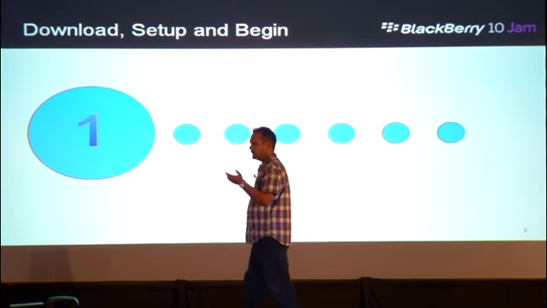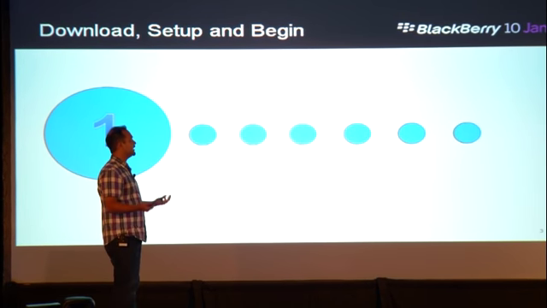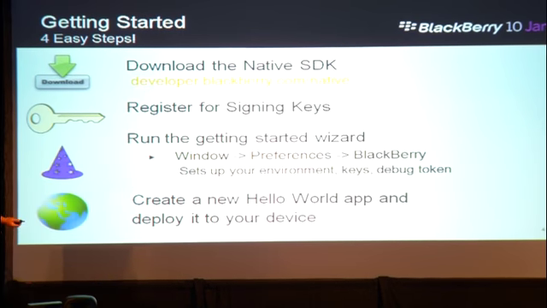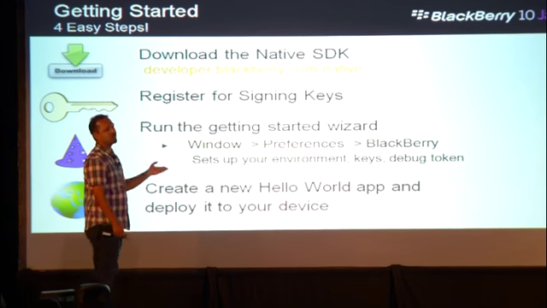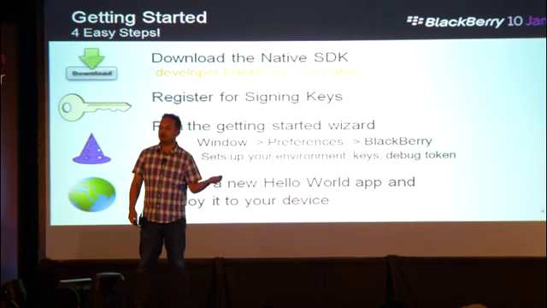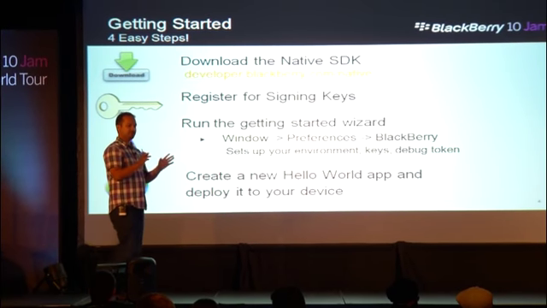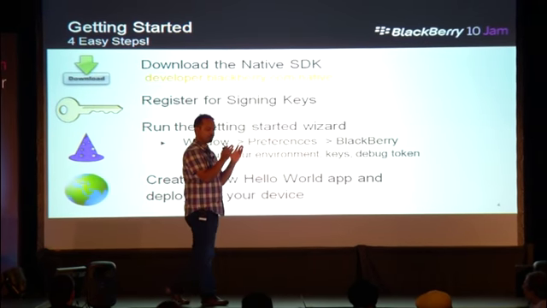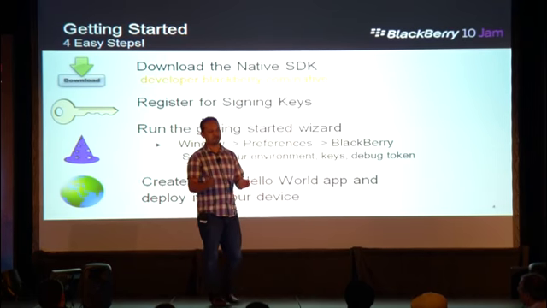So the first step, before we go any further, is to download, set up, and get started. To download the SDK, you go to that developer website, which is at developer.blackberry.com/native. When you go to developer.blackberry.com and choose native, you'll actually see two options. One for the native SDK that's meant for developers who are targeting just C and C++.